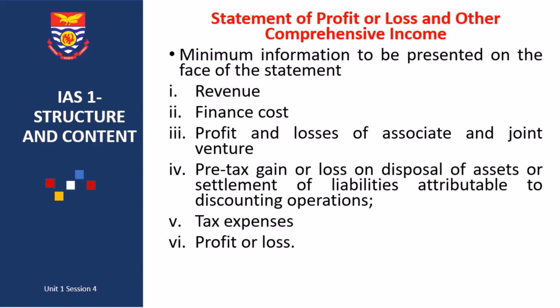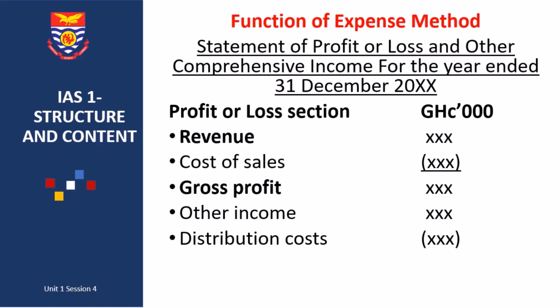We look at the pre-tax gain or loss on disposal of assets or the settlement of liabilities attributable to discontinued operations. We look at the tax expenses and profit or loss. So these are basically the items that go to the statement of profit or loss and other comprehensive income.